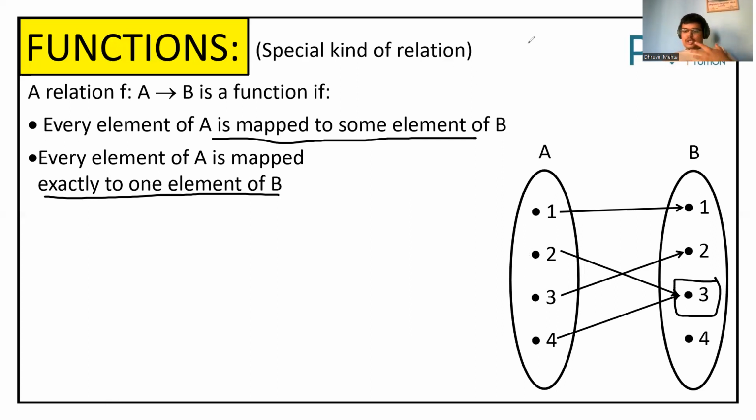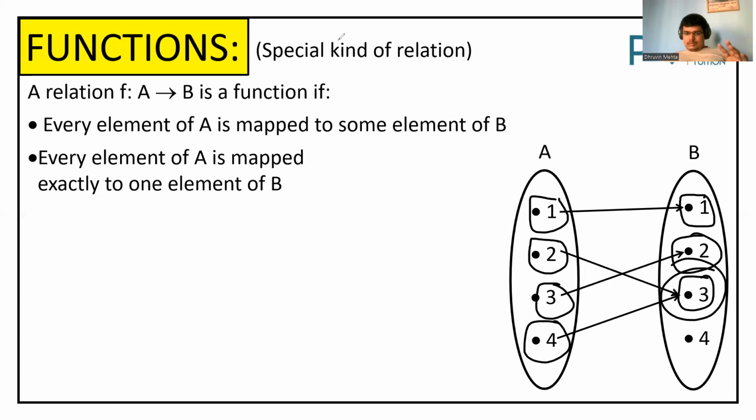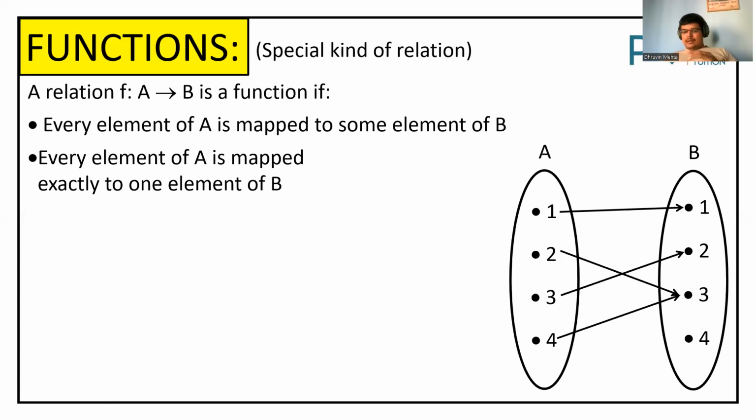But you have to understand the focus is always on set A. Like this element 1 is mapped to one element, 2 is mapped to one element, 3 is mapped to one element and 4 is mapped to one element. So focus is always on set A and not on set B.